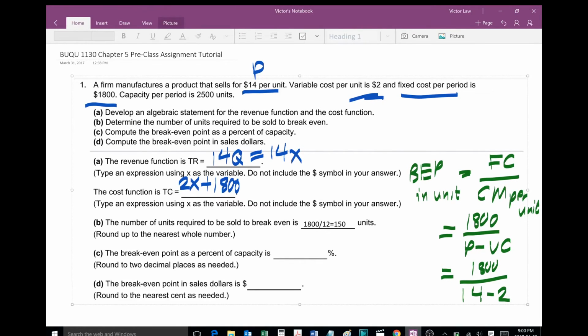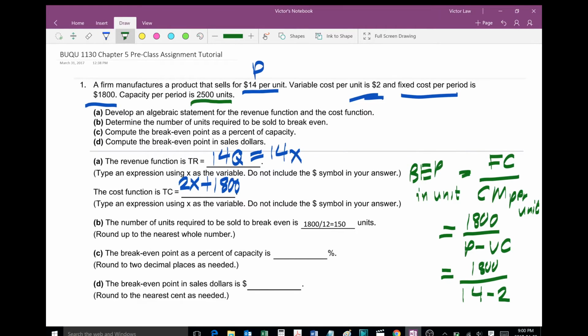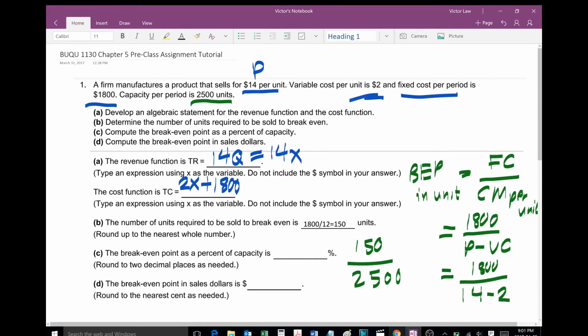And then for part C, compute the break-even point as a percent of capacity. So this is fairly straightforward. We know the capacity is 2,500 and we know the break-even is 150. So it's basically 150 divided by 2,500. Okay, so we're gonna type that in.